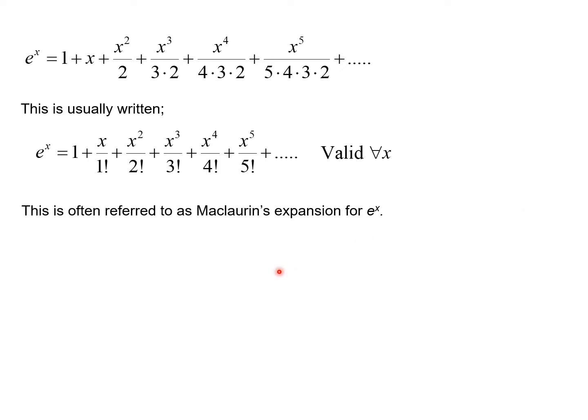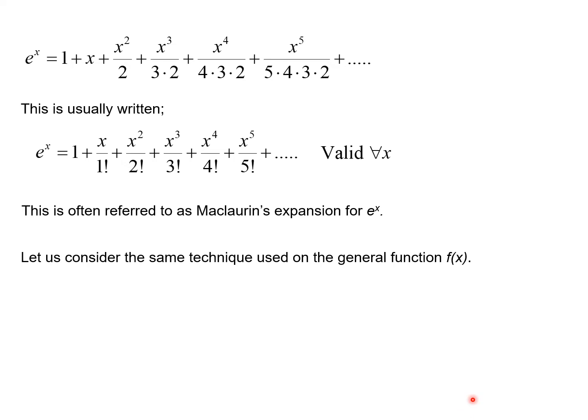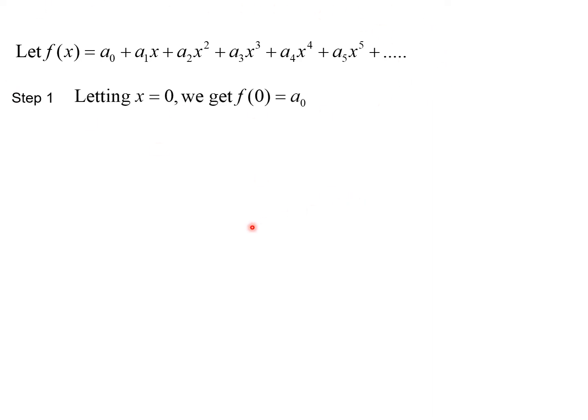Now, in other terms, this particular power series is known as the Maclaurin expansion for e power x. Let us consider writing general functions. For example, if f(x) is a0, a1, and so on, this is written in a general form. Your first step here will be letting x as 0, and you will get your a0.